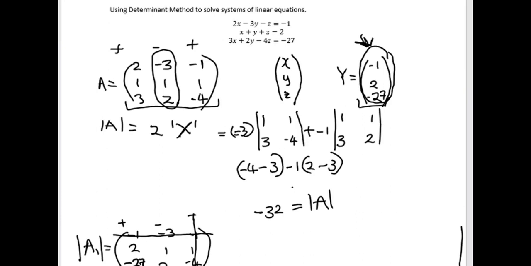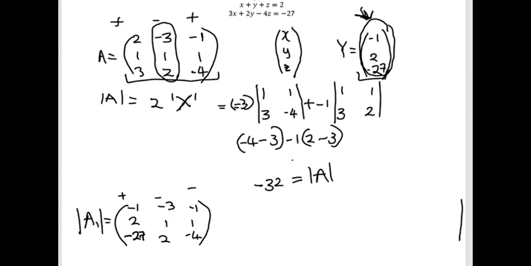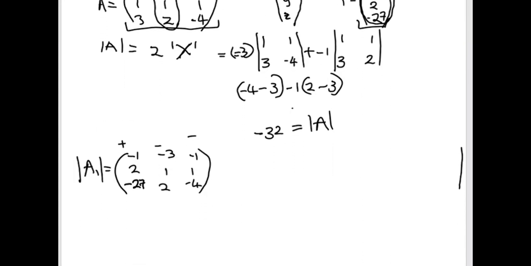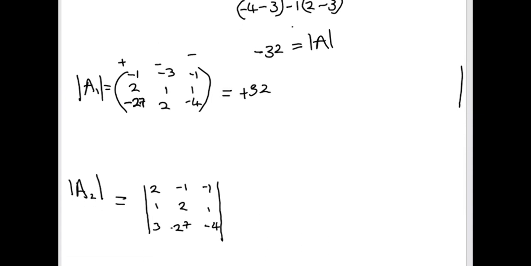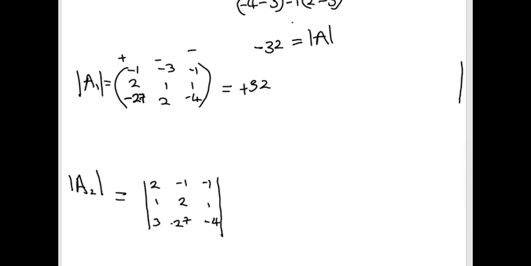Of course, we know that my A1 gave me positive 32. So I'm just going to put it here. A1 gave me, okay, yes, a positive 32. And then I can continue with my A2 to get the determinant of my A2.